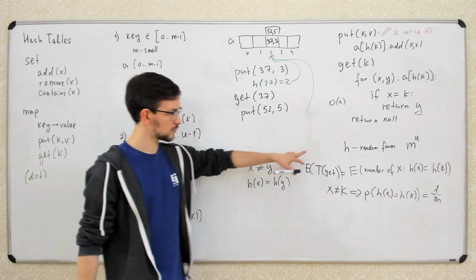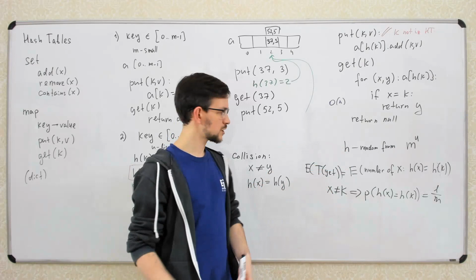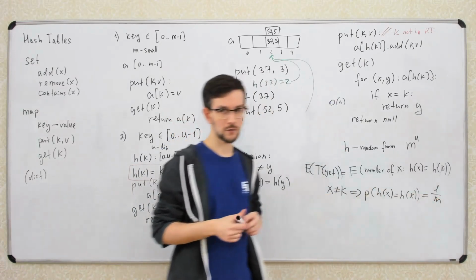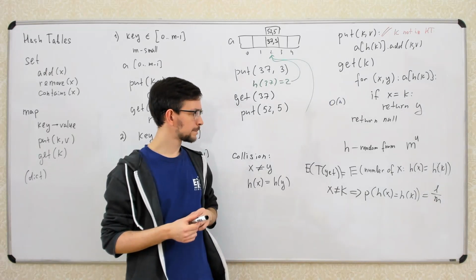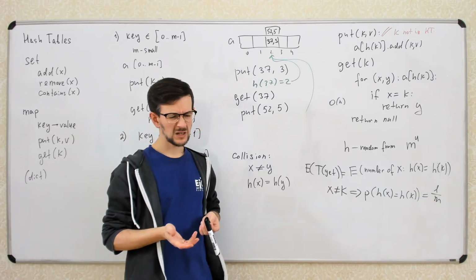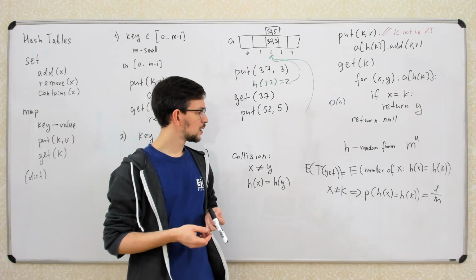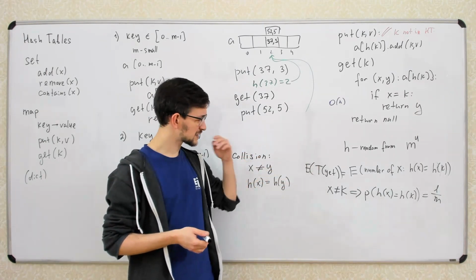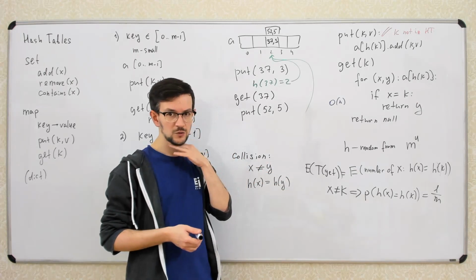Because the function is random. If we take an absolutely random function, then by symmetry this probability is equal to 1 over m. Is it clear enough? You can prove it more formally, but I think it's kind of intuitive.